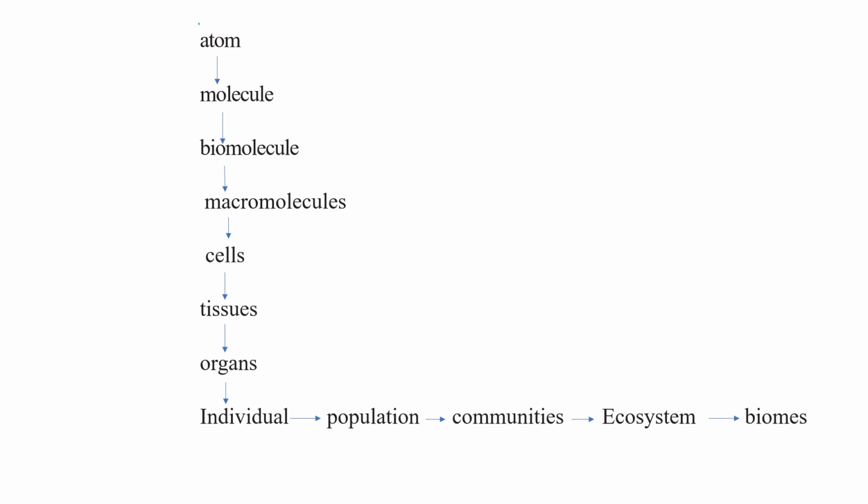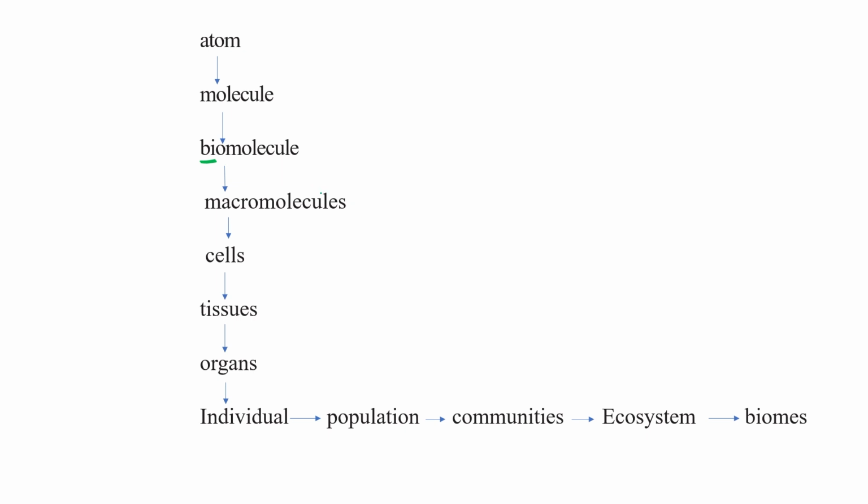What is the smallest unit? Smallest unit, atom. When more than 2 atoms come together, they can form molecules. And if these molecules have biological activity, are involved in certain kinds of biological activity or metabolism, then we can use the term biomolecule for the same.